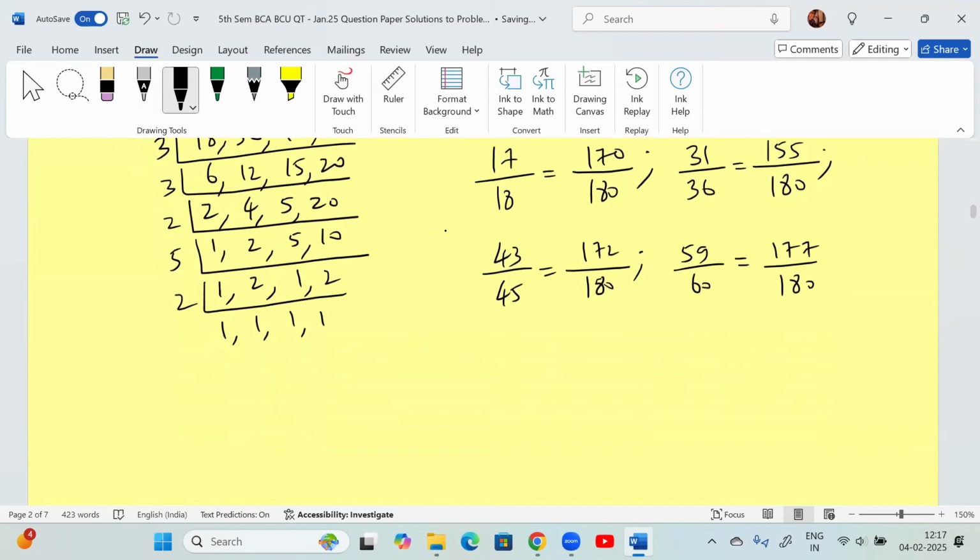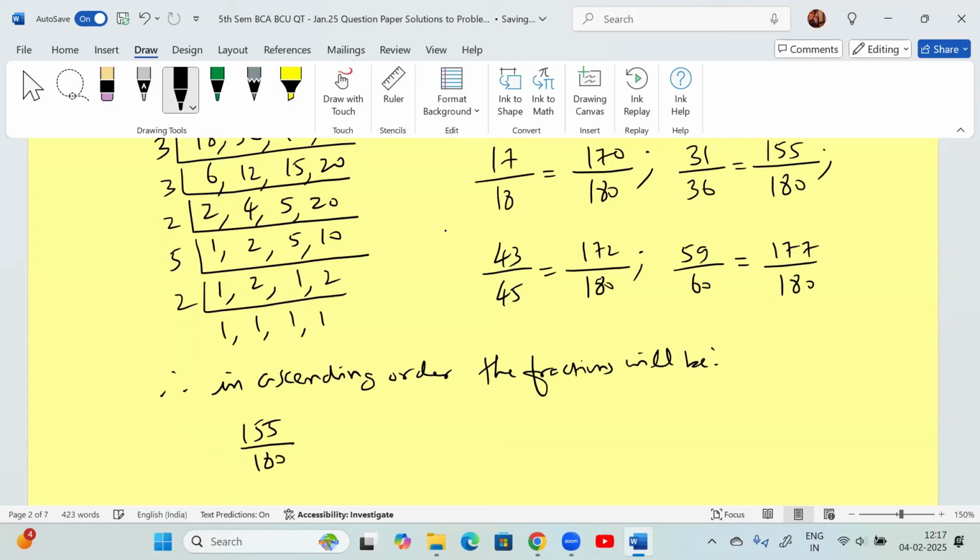Therefore, in ascending order, the fractions will be least number 155 by 180. Then next least is 170 by 180. Next is 172 by 180. Next is 177 by 180.